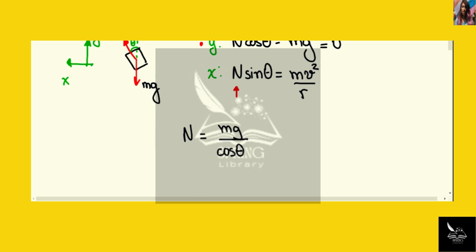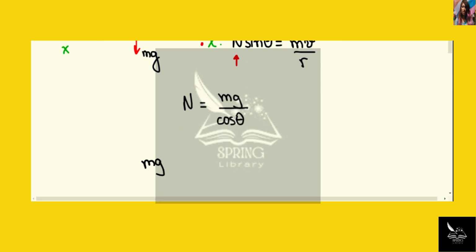So you can substitute the value of N into the x equation. So we have mg divided by cosine of theta times sine of theta is equal to mv squared over r.